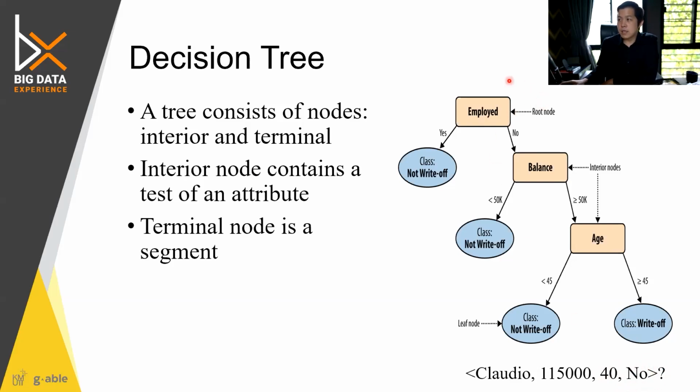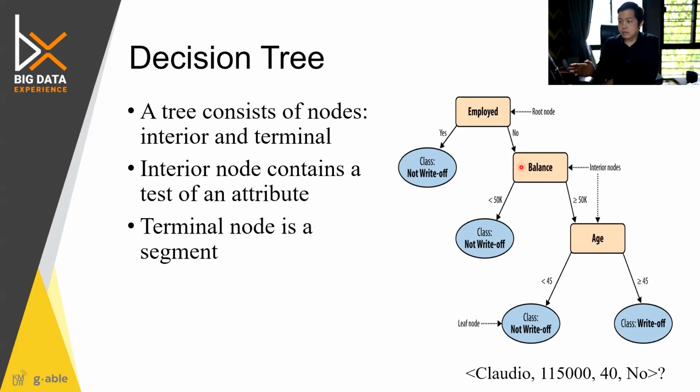We can start from the root node and decide which class this person should belong to. From the first one, you have the employee yes and no. Claudio has no as employment, so we go down here to balance. And then determine whether balance is less than 50K or more than 50K.